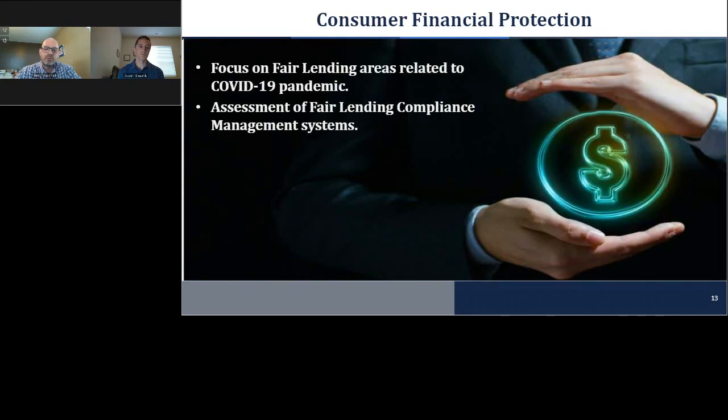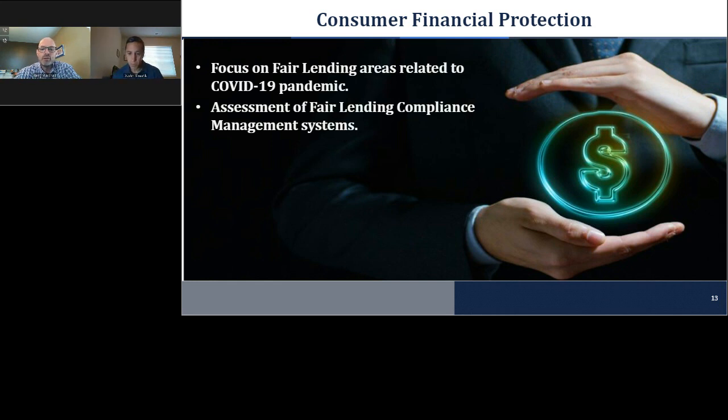Consumer financial protection. Obviously a priority for NCUA, and because COVID-19 continues to affect consumers, that increases consumer compliance risk in a certain number of areas. So NCUA will continue to examine for compliance with the applicable consumer financial protection regulations during all the exams this year.